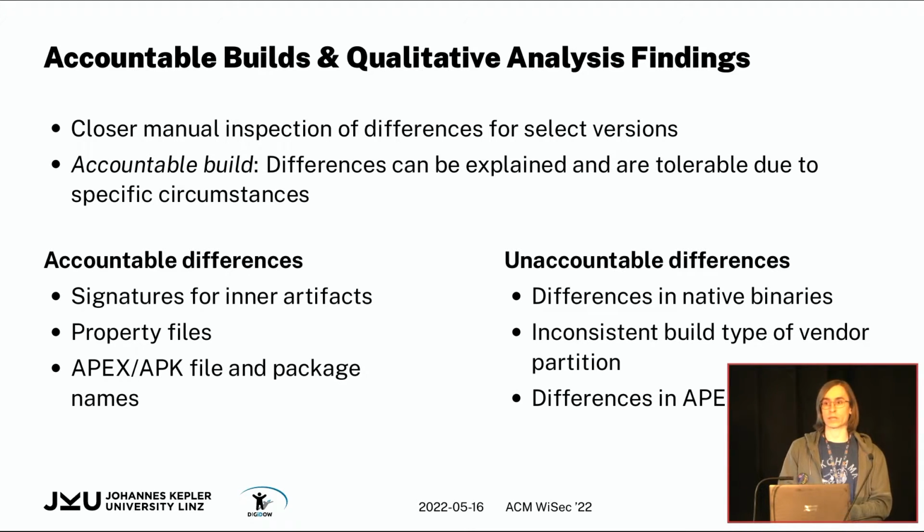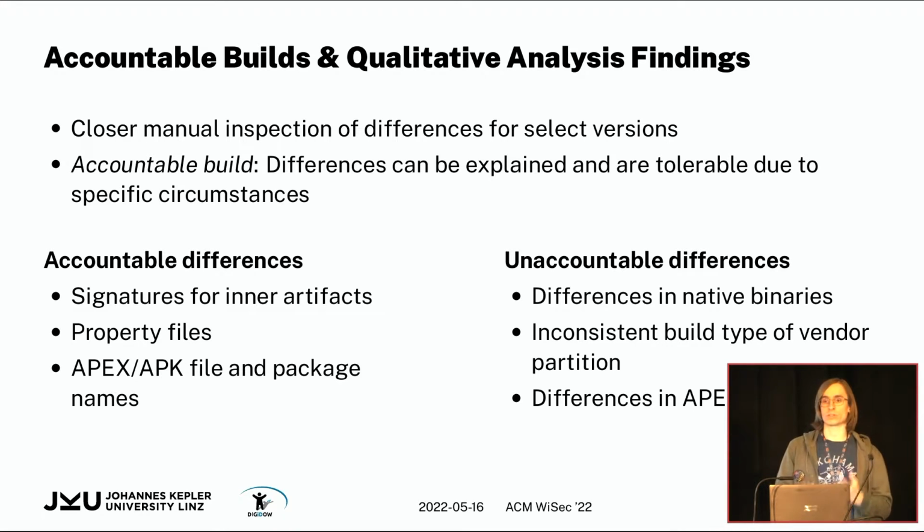Also, with Android specifically, we saw that there are property files that state certain values, like the branding names being used. It's understandable that one would have different values between a build shipped by a company and one built by oneself. That is, again, something we consider accountable.